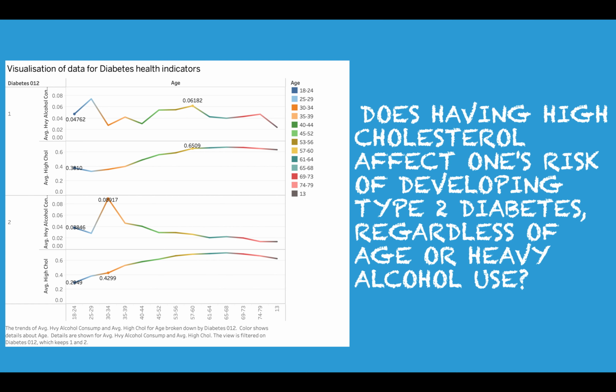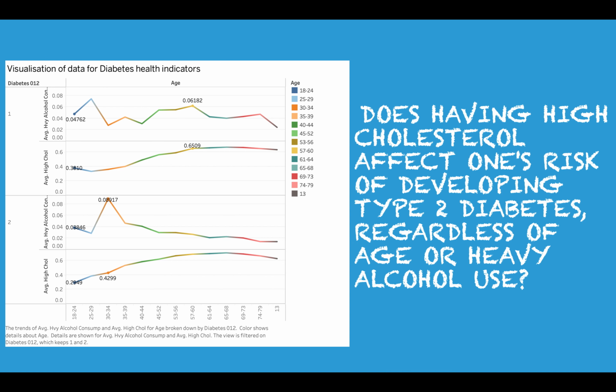So lastly, moving on to my last hypothesis: having high cholesterol affects one's risk of developing type 2 diabetes, regardless of age or heavy alcohol use. Here I used average high cholesterol and average alcohol consumption, two types in different age groups, along with diabetes.